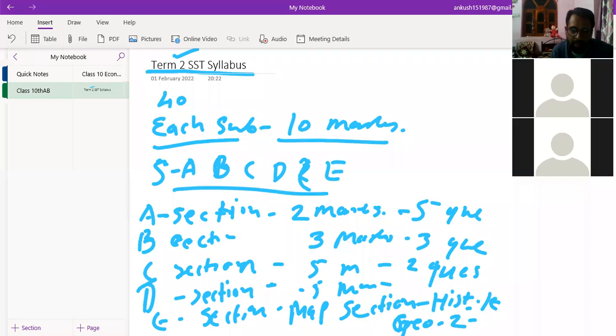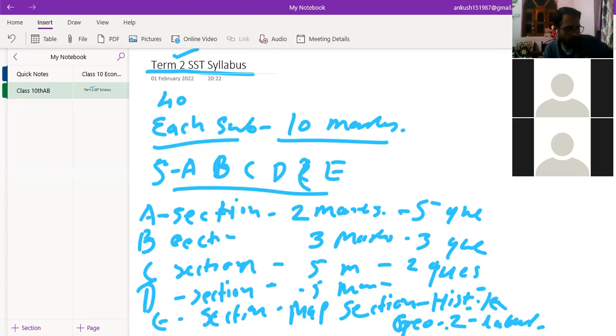From geography, you have to label, and sometimes you have to locate where that particular place is on the outline of the map. So this is all about the questions and their marking schemes.